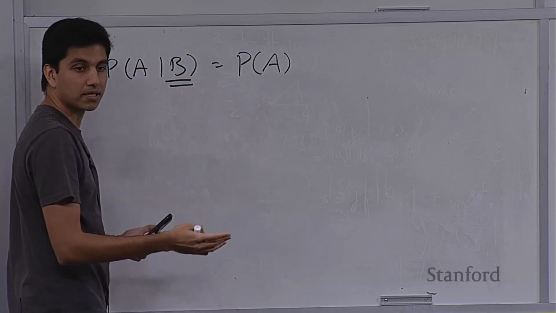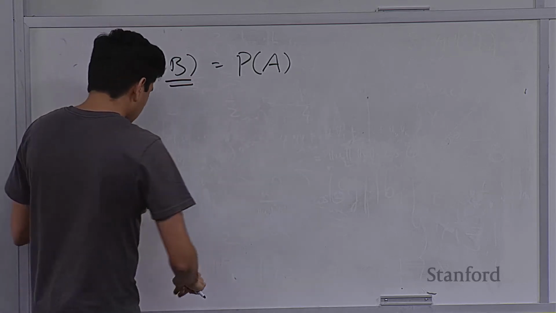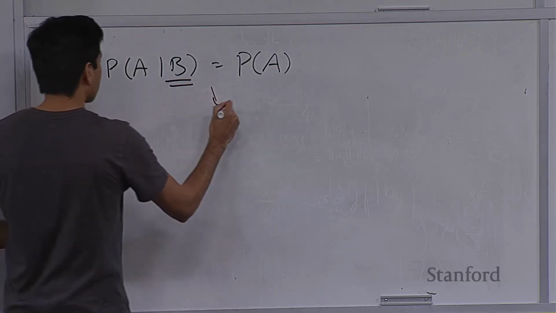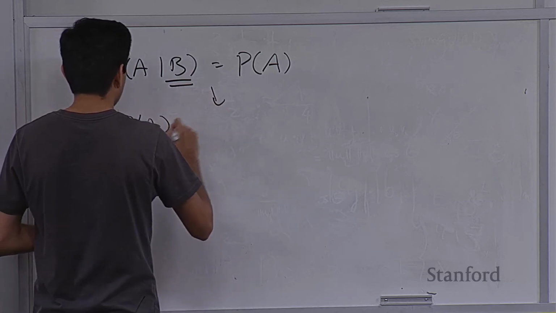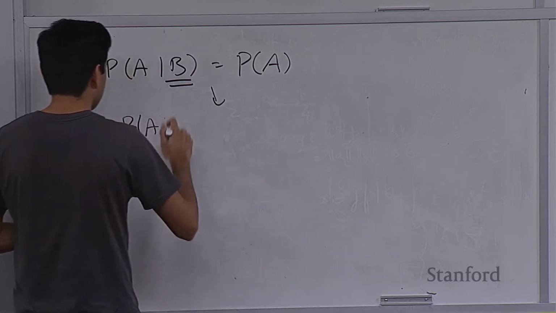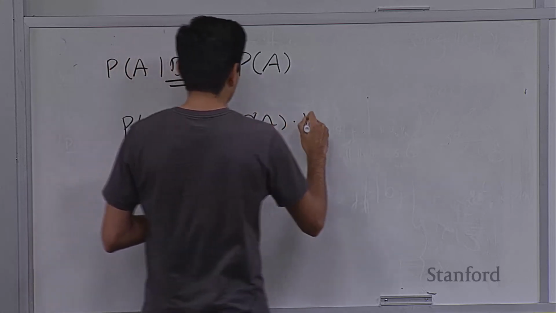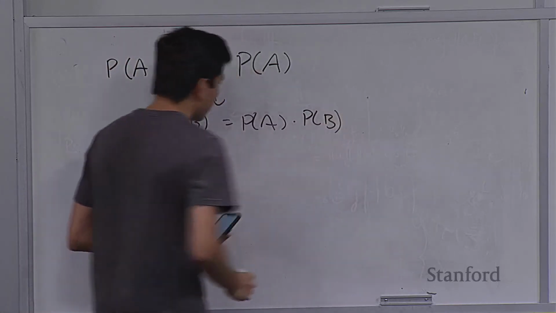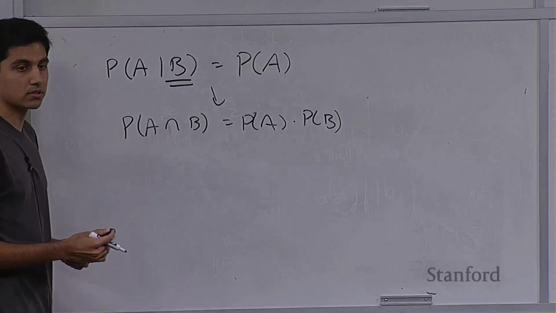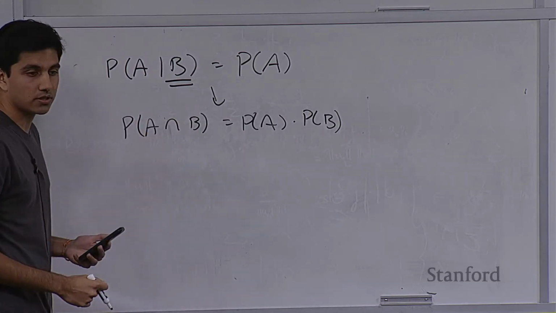The probability of that happening is exactly the same. And this also implies that the probability of A and B is the probability of A times the probability of B. So these are two results that are true for events that are independent of each other.